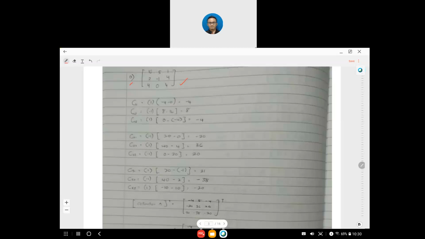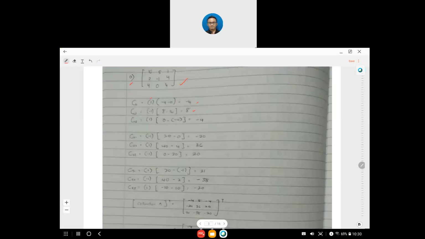Also the same thing, you need to find cofactor. Okay, cofactor 1, 1 equal to -4 minus zero times 1. So -4. Cofactor 1, 2, 8 minus 16. Okay, and then times -1, so you can get 8.